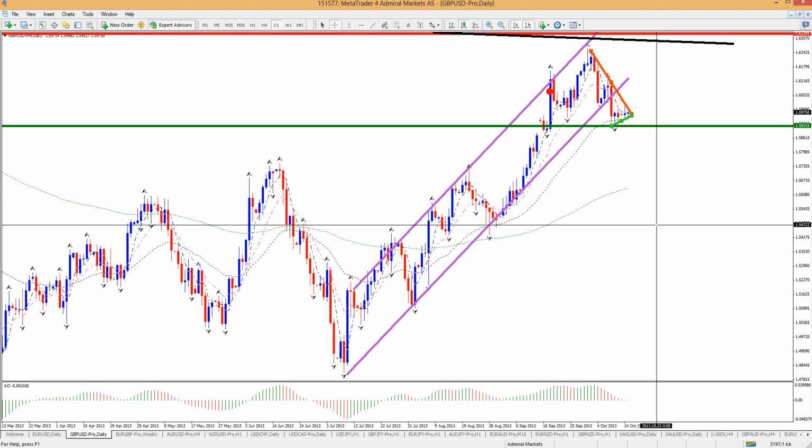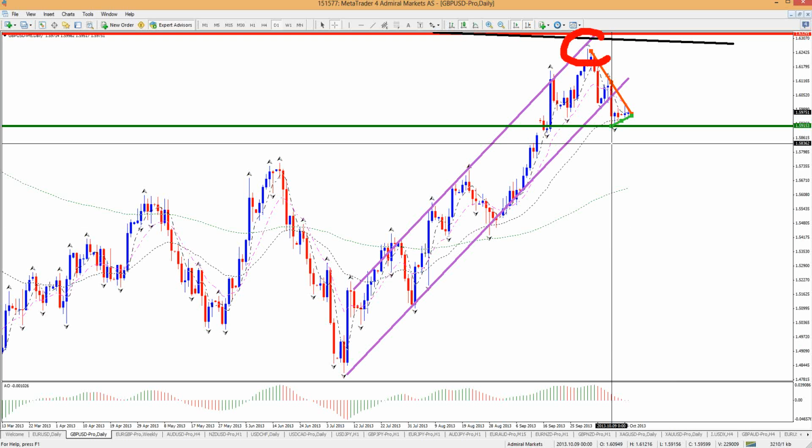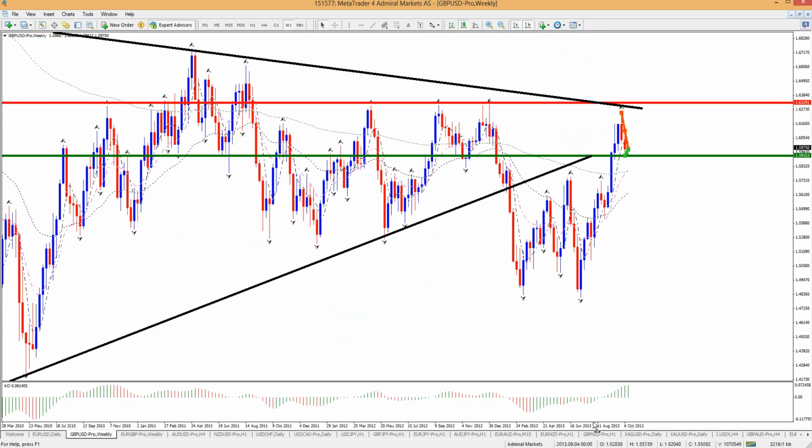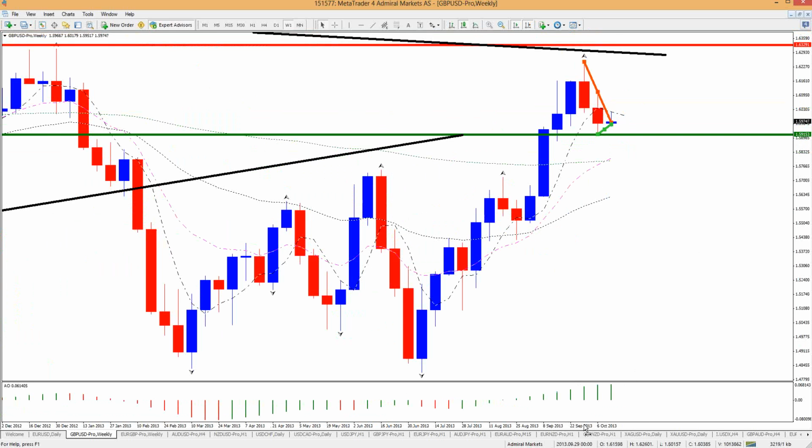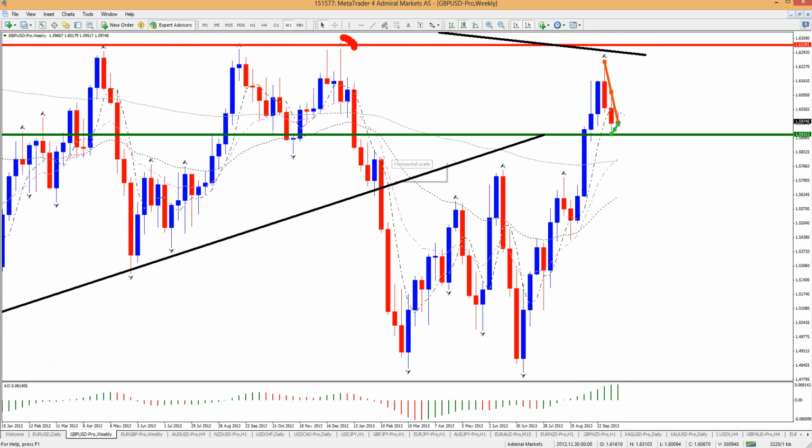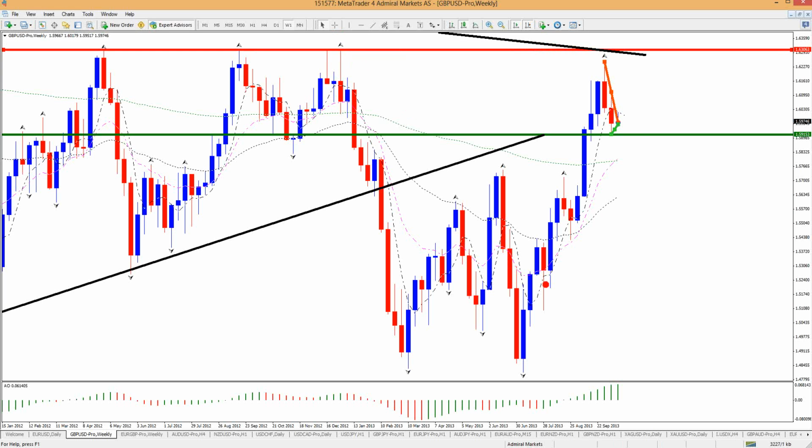Let's see. Well, this is just one move up so far. We do know that we're at a very high spot here, very close to weekly resistance. All right, if we look at the weekly chart, we know that the pound was challenging this top. And we know that breaking that top is tremendously difficult because the currency, basically what it does is it challenged this bottom, couldn't.